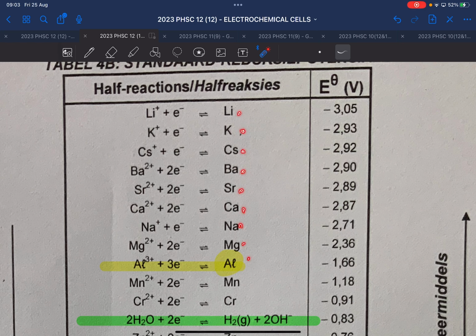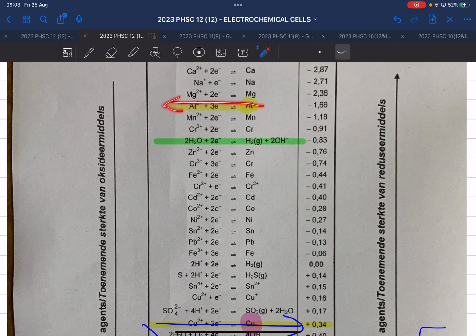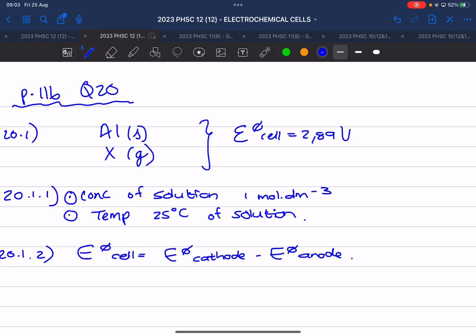No. And they told us specifically it is a gas. So whatever the gas is, we don't know what it is, it must be below aluminium. So aluminium must go this way, so aluminium must be the oxidation half reaction. And where does that take place? At the anode. Okay, so aluminium is the anode, so whatever this is, the cathode.